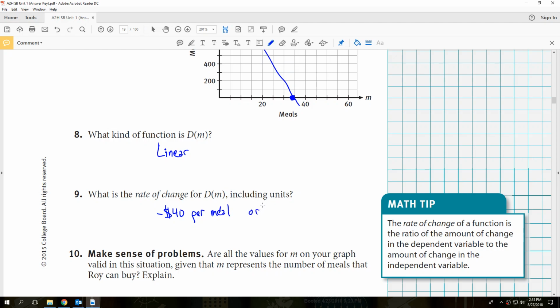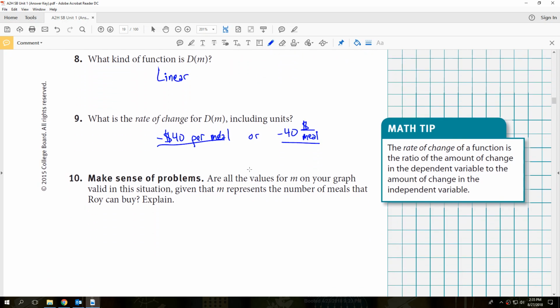That would be equivalent. Boom. This does not look like it says the word meal, but that's okay. Autocorrect. All right, let me save that before we continue because it's starting to bug out on me a little bit.